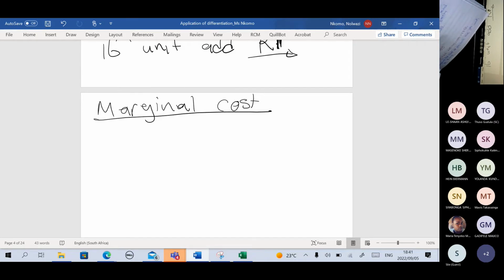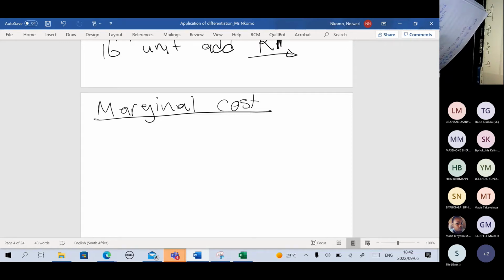Now another company approaches it and gives it an offer to purchase 100,000 phones for 4,000 each. If they buy those phones, on each phone they will make a profit of 1,000 rand, right? Now, the marginal cost will help a company decide whether it makes sense to accept that offer or not.